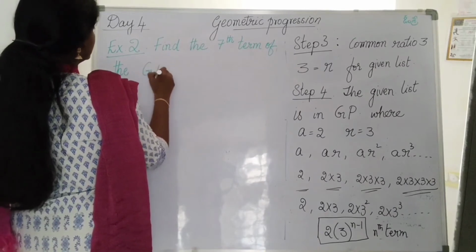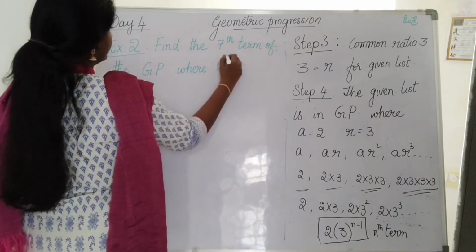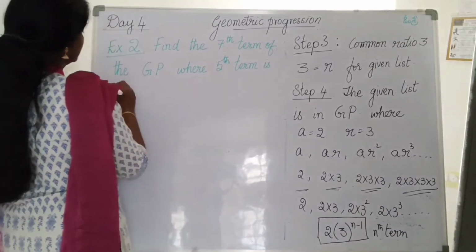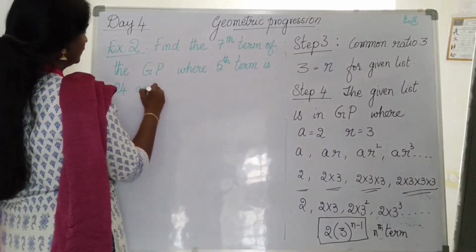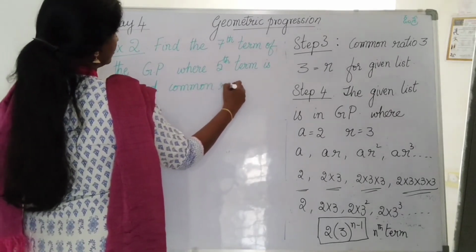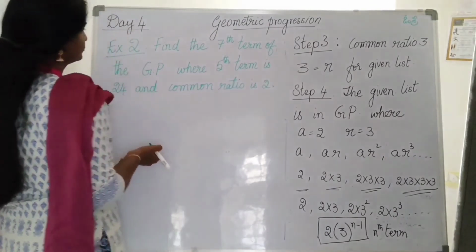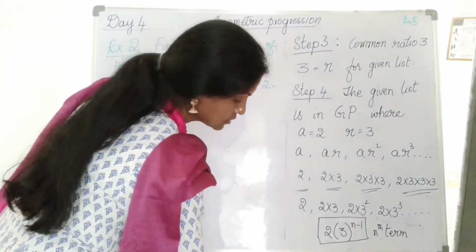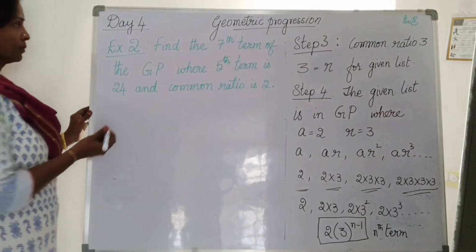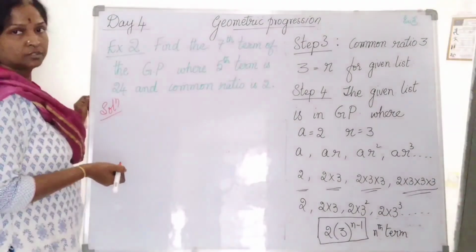Of the GP where the fifth term is 24 and common ratio is 2. So this is the given problem and you need to find the steps for the solution.